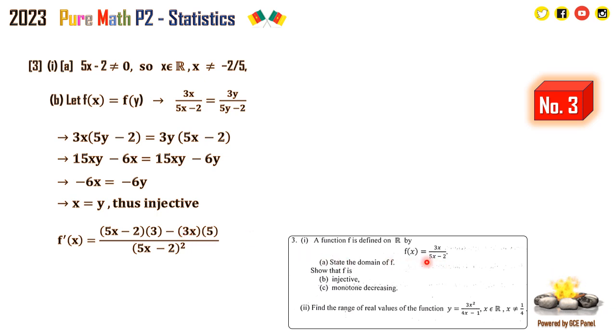The derivative of 5x minus 2 is 5. All this over the bottom squared. We open out the brackets and simplify. We'll be left with negative 6, all over 5x minus 2 squared. Since the denominator 5x minus 2 squared is always positive, and the numerator is negative, negative divided by positive is negative. So the gradient function is always less than 0. If you put any value of x, the value will always be negative. From here we conclude that therefore f is monotone decreasing.